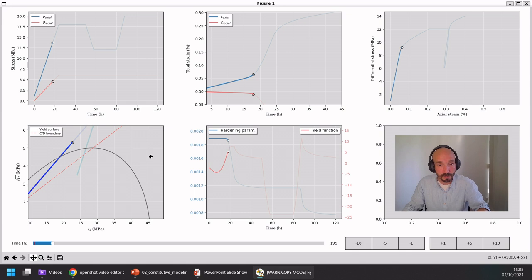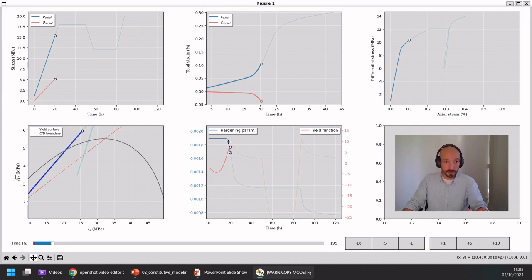And the reason it expands is because the hardening parameter starts to decrease. You can see the hardening parameter, the blue curve, starts to decrease. And because the hardening parameter decreases, the yield surface expands. So it moves towards the stress.